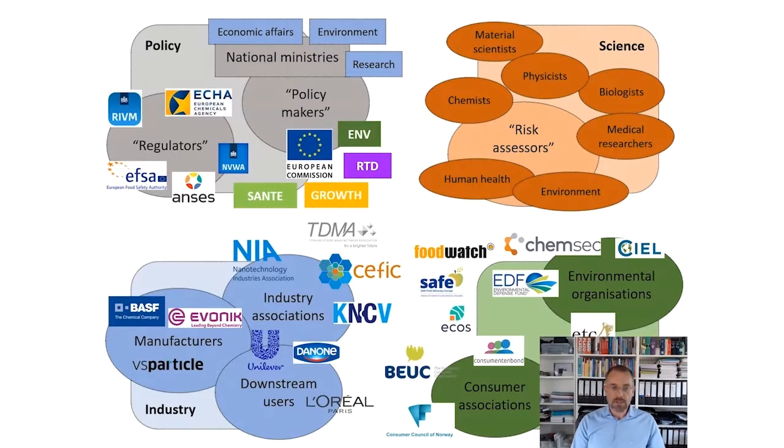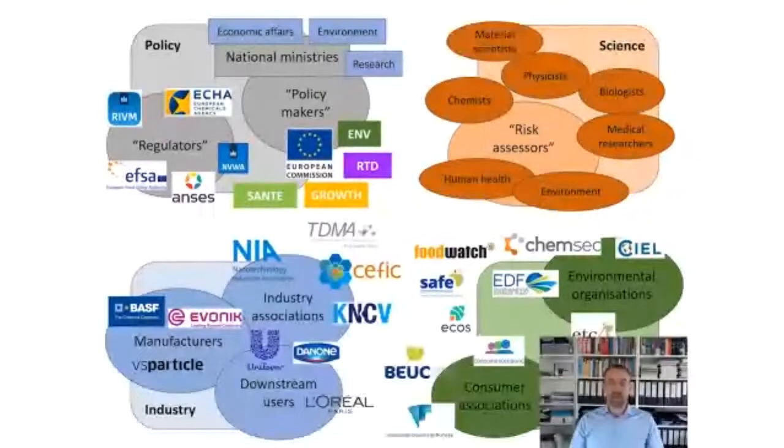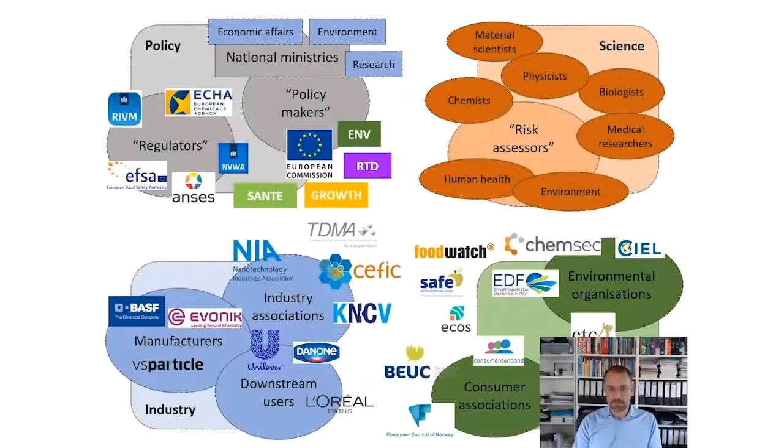And the picture that you see here tries to map the different stakeholders involved in the titanium dioxide case against 4 domains: policy, science, industry, and civil society. In the top left corner, we have stakeholders from the policy domain.